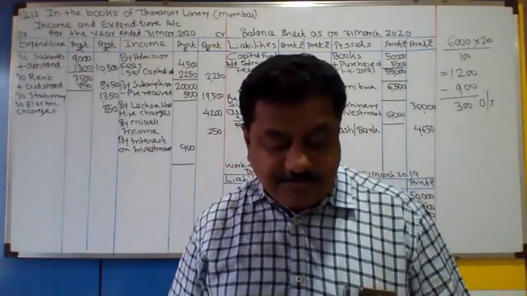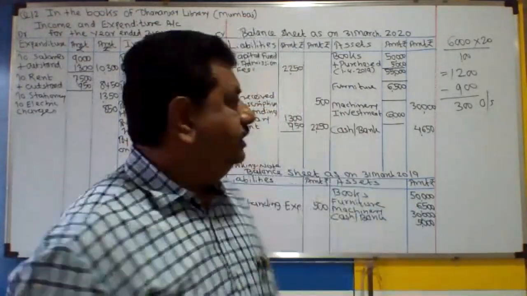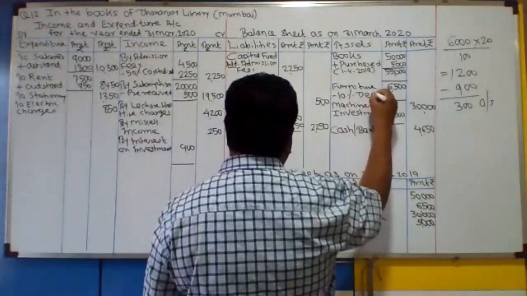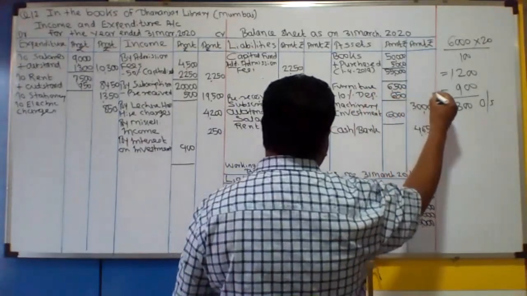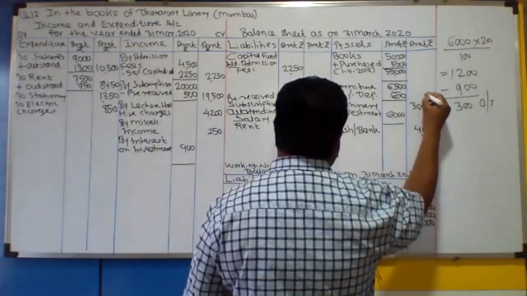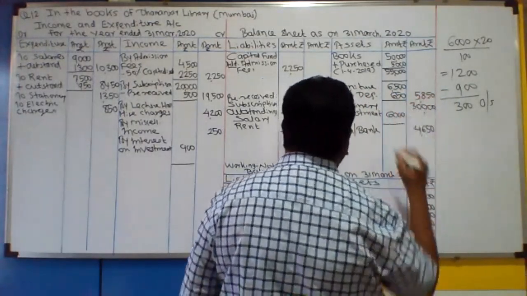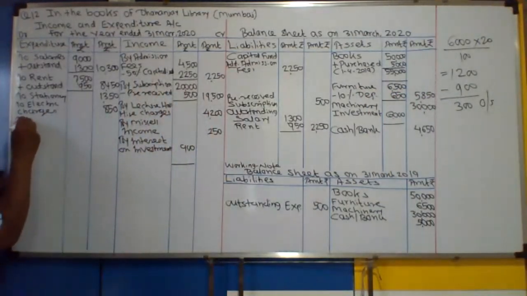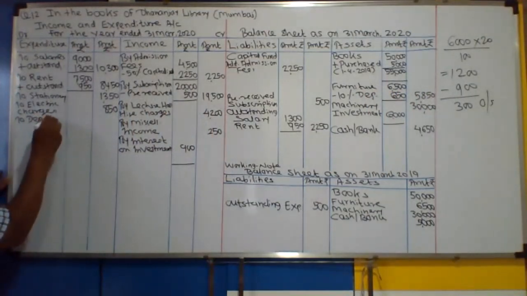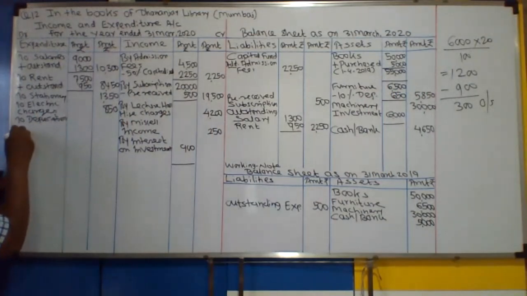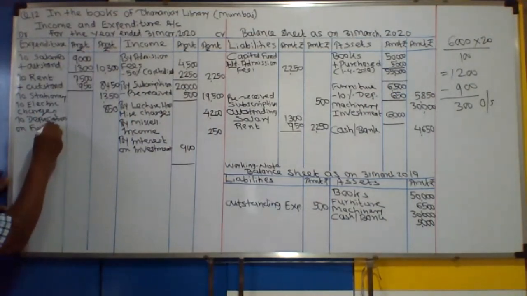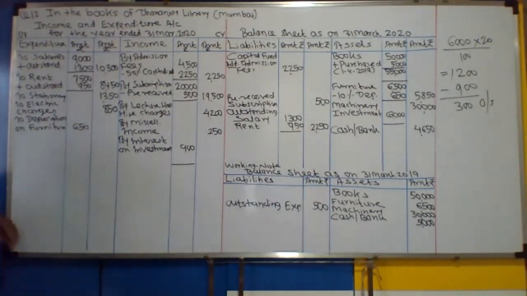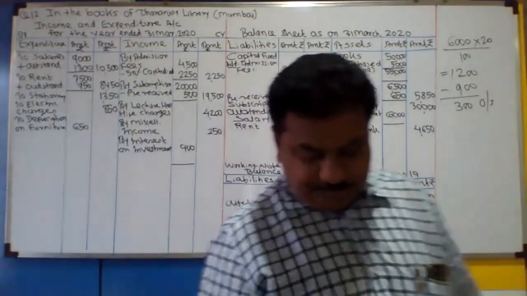Furniture depreciated by 10% per annum. So for furniture, we have to charge 10% depreciation. Very simple, minus from furniture. And to be recorded on the expenditure side, to depreciation on furniture, but record in the inner column only, because we want to calculate the depreciation on books as well.